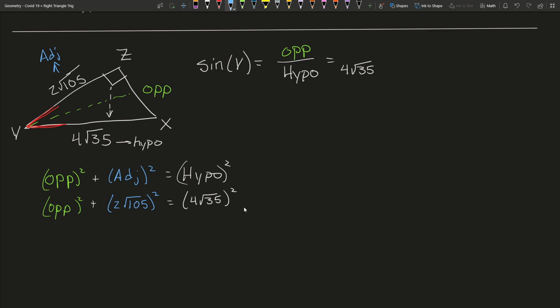Okay, so 2 rad 105 squared is just 2 rad 105 times 2 rad 105. 4 rad 35 squared is 4 rad 35 times 4 rad 35. And then we still don't know the opposite.